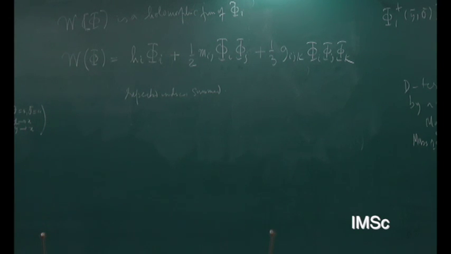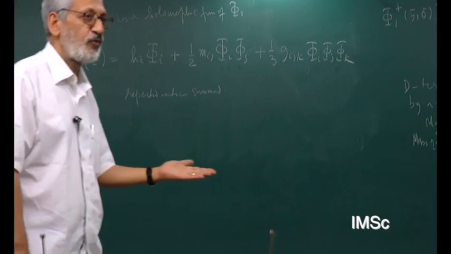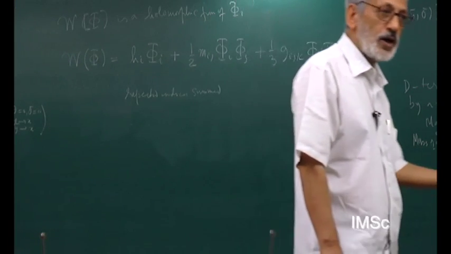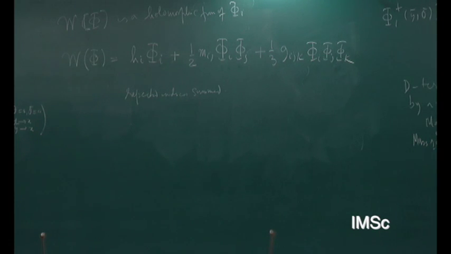Now, if I put product of 4 phi's, what would be the mass dimension of the F term? 5. We don't like to write renormalizable field theories with operators of mass dimension larger than 4.